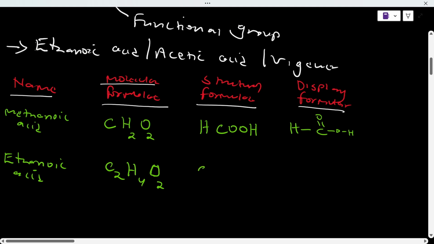Structurally, it is CH3COOH, and in displayed form, we are going to have a C having an H, an H, and an H bonded to a C that is having an O, then OH.